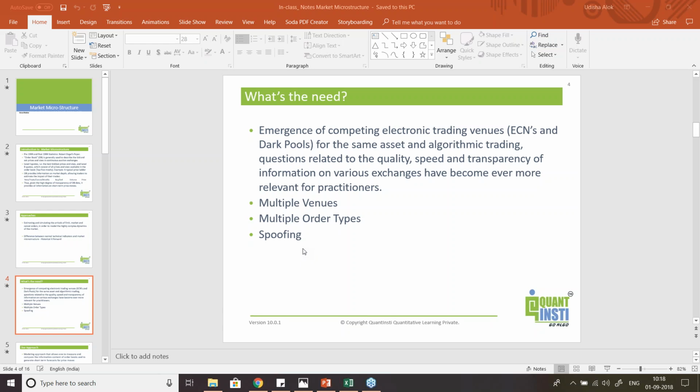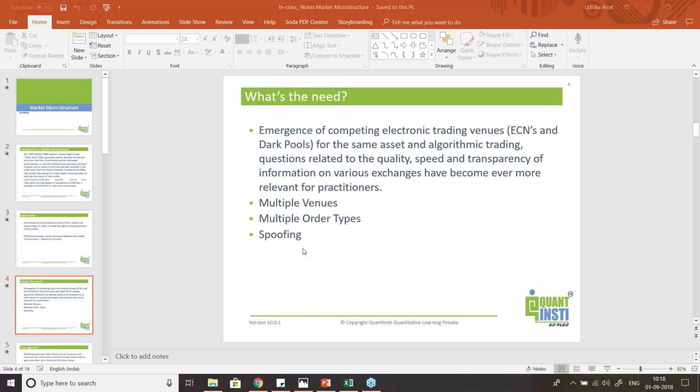And coming to the multiple order types that we have, I think you are aware of iceberg order. Some of you have already mentioned, and you are aware of fill or kill order, right? And I think there are some OCO orders, right? Conditional orders. That is when you get a fill, then the stop loss will be removed, and similarly if your stop loss is triggered, then your take profit order will be removed.